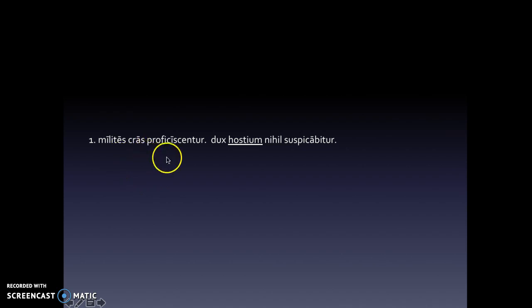All right, milites cras proficiscentur, dux hostium nihil suspiciabitur. All right, hostium is underlined because it's a genitive. This ium here is third declension genitive plural. It is going with dux. Milites is our subject. We've got an adverb here meaning tomorrow, which is a big indicator that we're looking at a future.